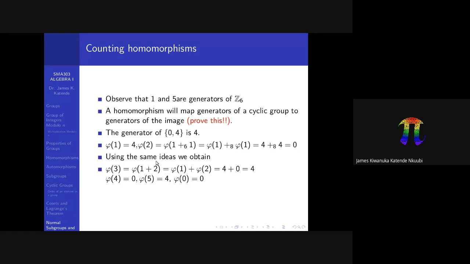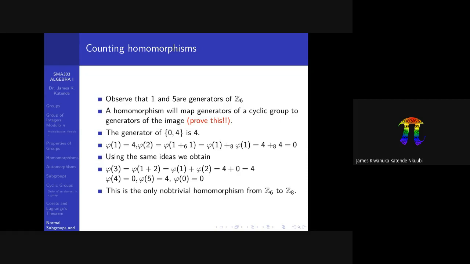So we have been able to construct the images of all the elements in Z6, using this fact here, that a generator will always be mapped onto the generator of the image. So this is the only non-trivial homomorphism from Z6 to Z8.